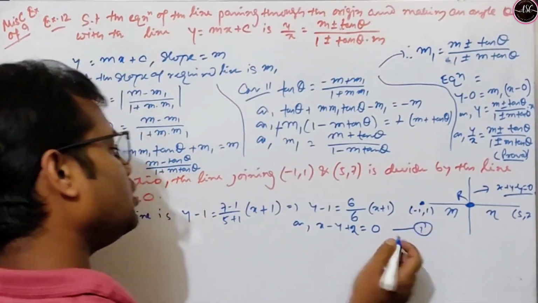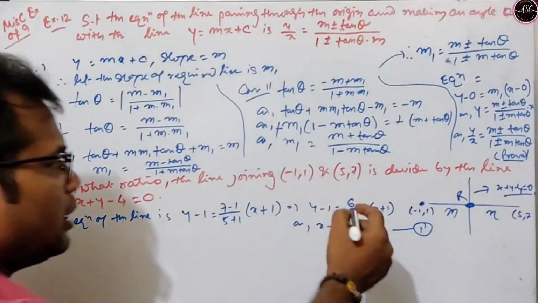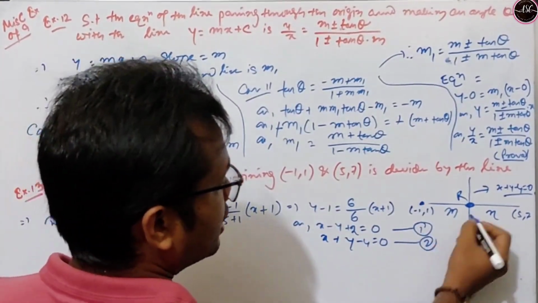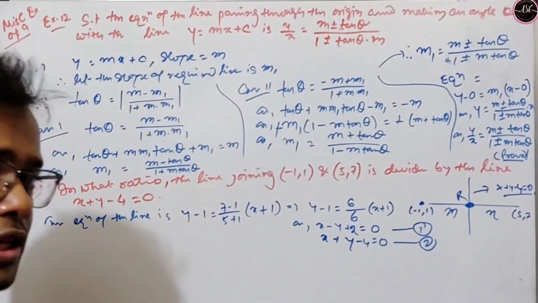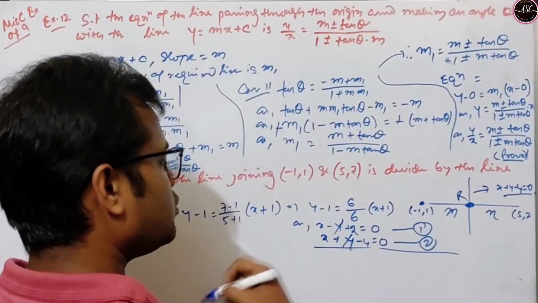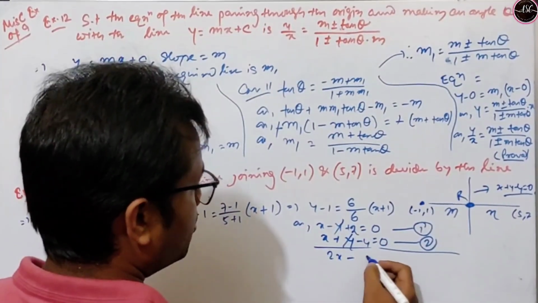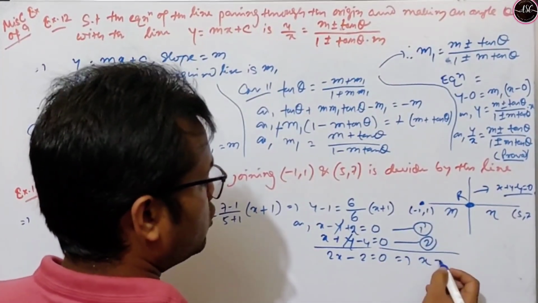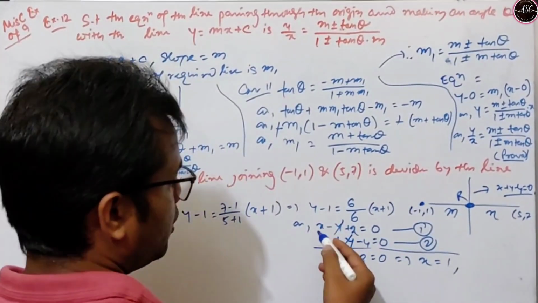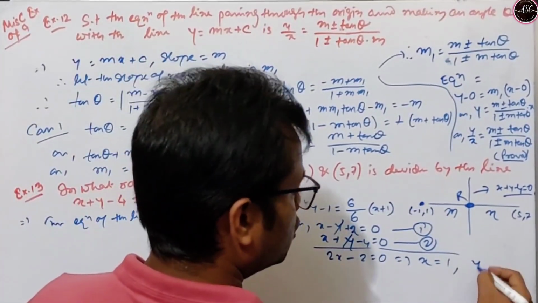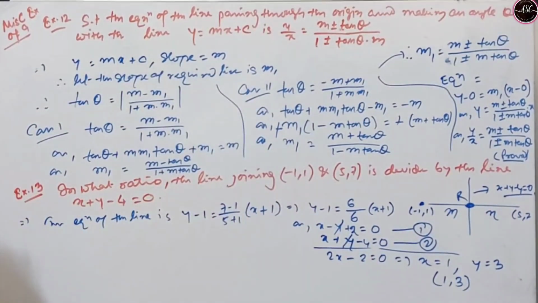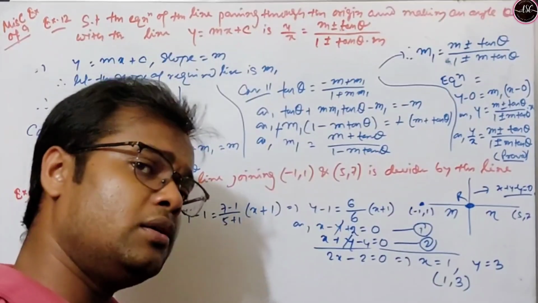This is the equation of the required line, and we already have x plus y minus 4 equals 0. By solving these we get the point of intersection. Adding, y and minus y cancel out, and 2x minus 2 equals 0, so x equals 1. Putting the value of x in the first equation, we get y equals 3. So the point of intersection is (1, 3), the coordinates of R.